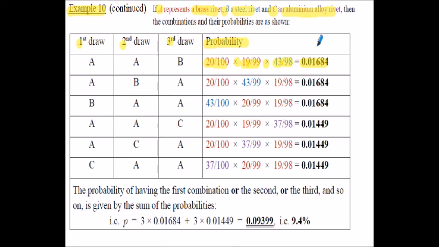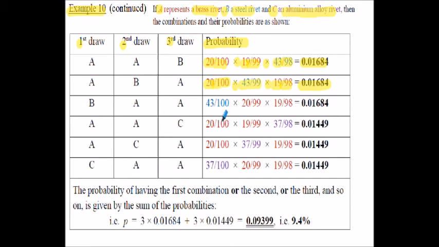0.01684. For the second row now, we're drawing a brass rivet to begin with, so that's 20 upon 100 for our full batch. And then we're drawing a steel rivet, so that's times by 43 upon 99. And then for the third draw, another brass rivet, so that's times by 19 of them, divided by 98 in the batch. That gives us the same value.